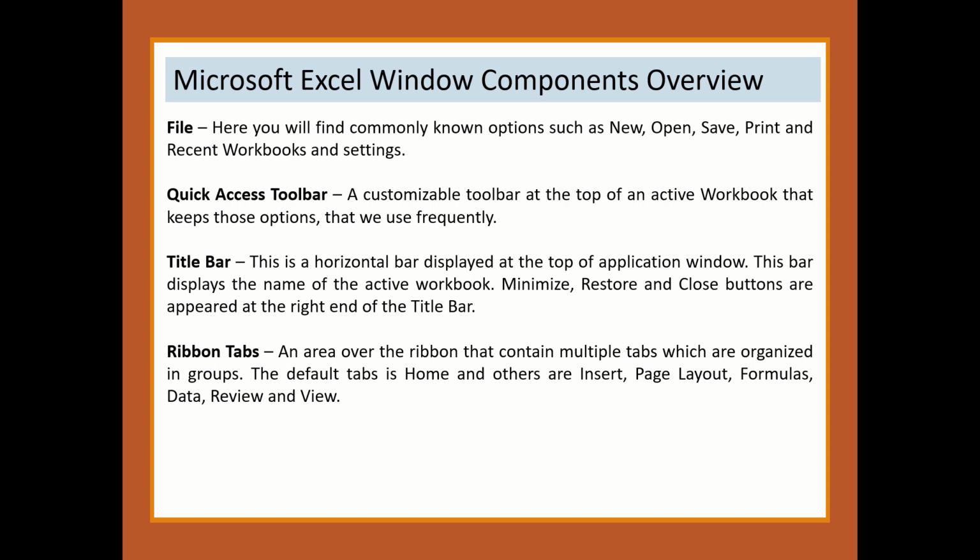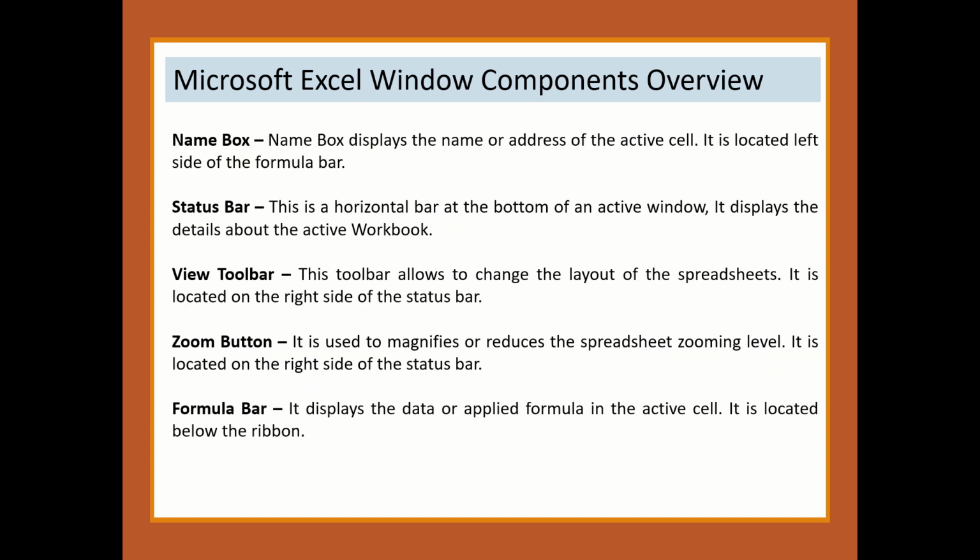And ribbon tabs: the area over the ribbon that contains multiple tabs which are organized in groups. The default tab is Home, and others are Insert, Page Layout, Formulas, Data, Review and View. These are the default ribbon tabs available in your MS Excel window.